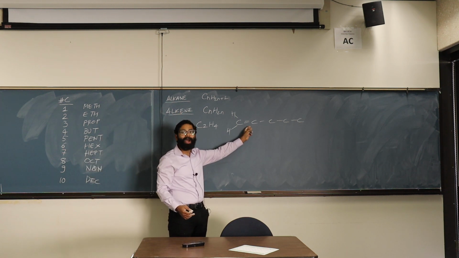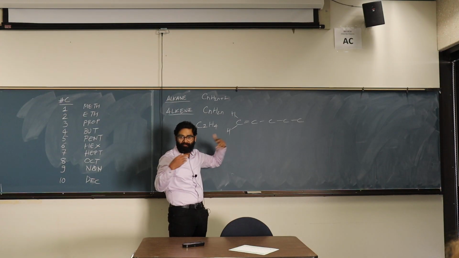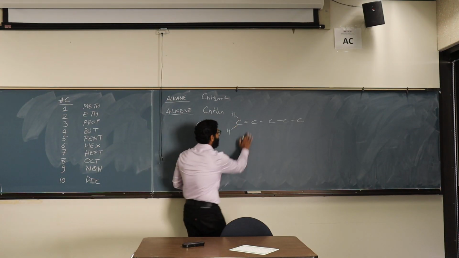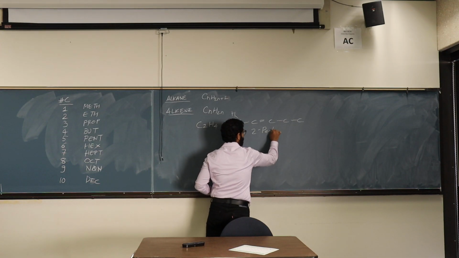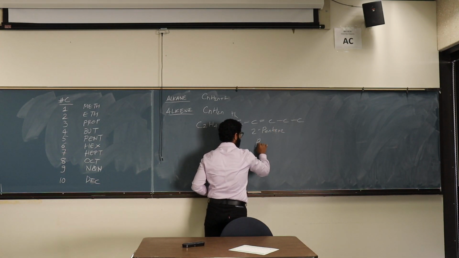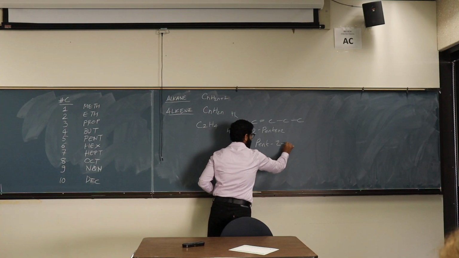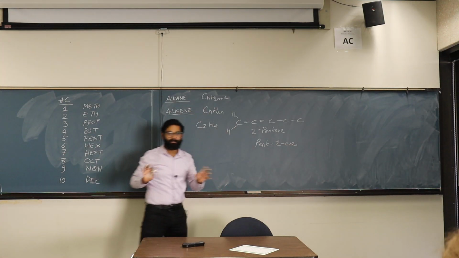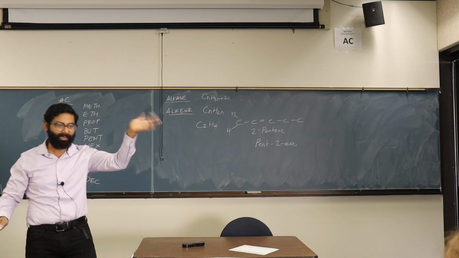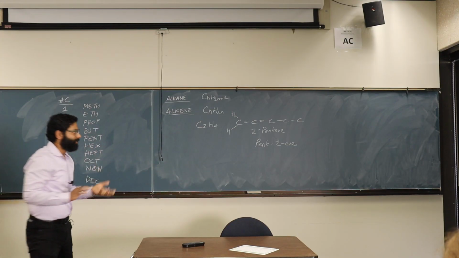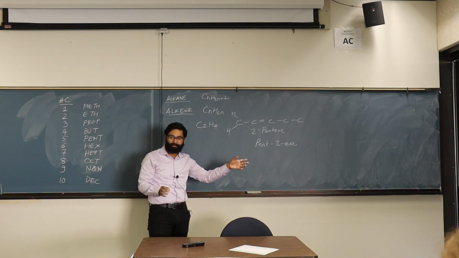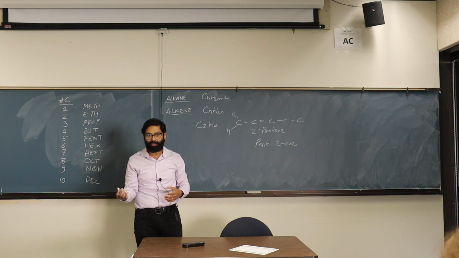Also we can call this 1-pentene because the double bond is in the first carbon. If I shift this, this becomes 2-pentene or pent-2-ene. Okay, very simplistically. So I'm not getting into the nomenclatures and things like that. But this is what it is. I mean, it's a way to represent these organic molecules, right?